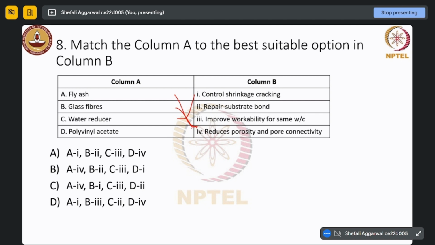I think glass fiber we can use for the repair substrate bond. And water reducer improves workability for the same. So water reducer will improve the workability, that is for sure, right? Yeah, for the same water concentration.